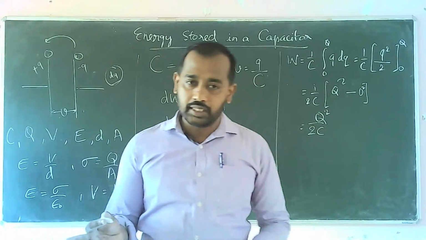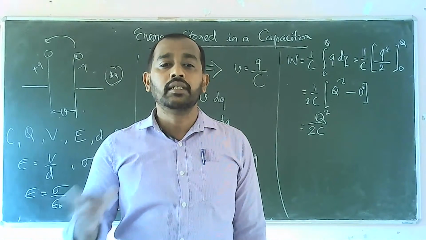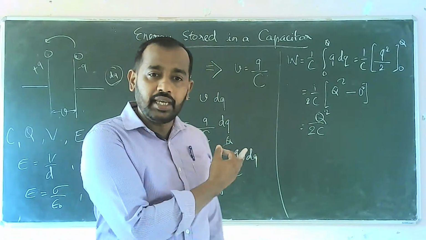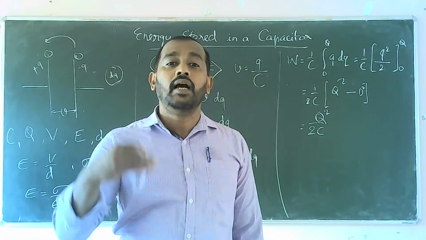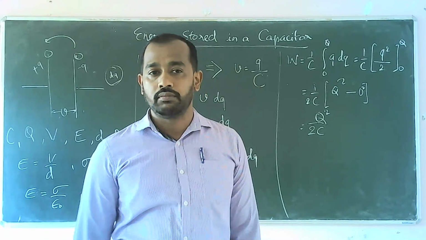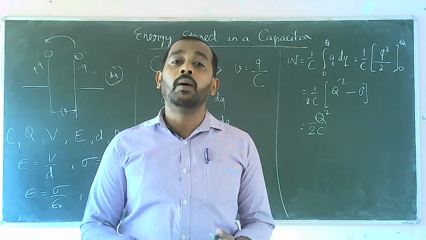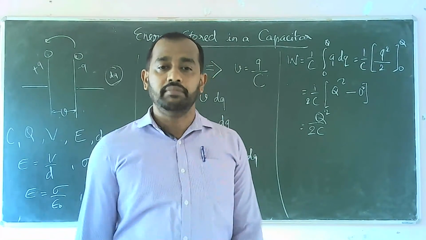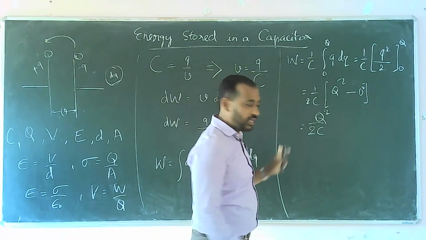And also we know that here electrostatic force is what? It is a conservative force. The work done against the conservative force will be stored in the form of potential energy. So that's why the work done will be stored in the form of potential energy.